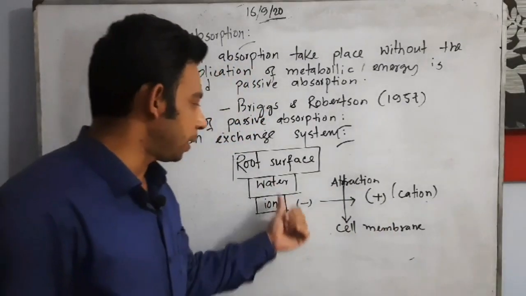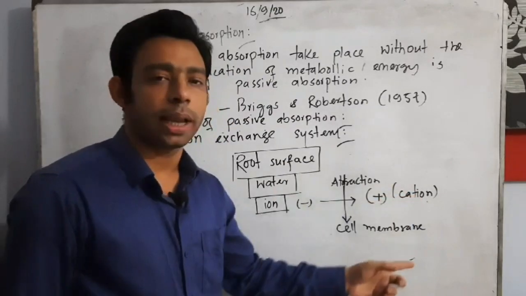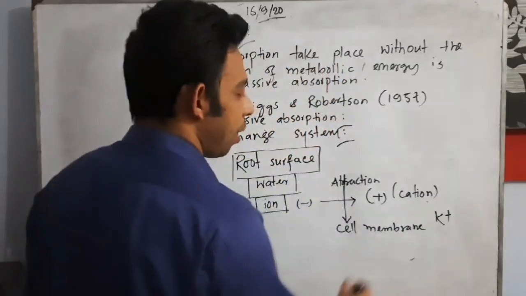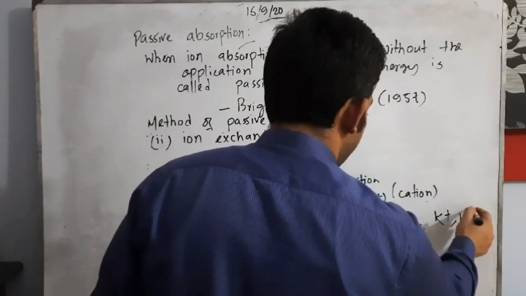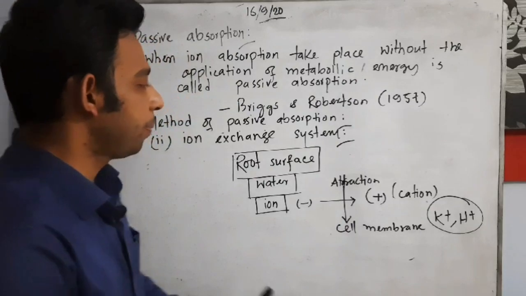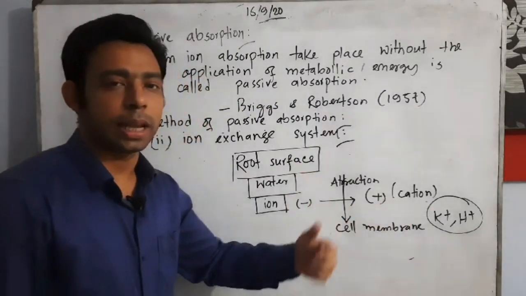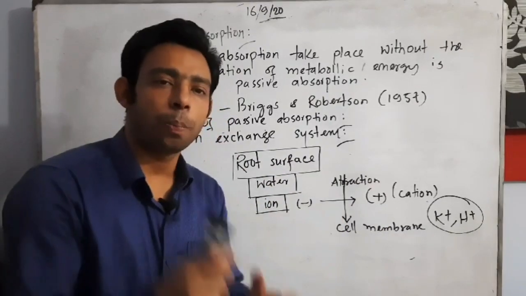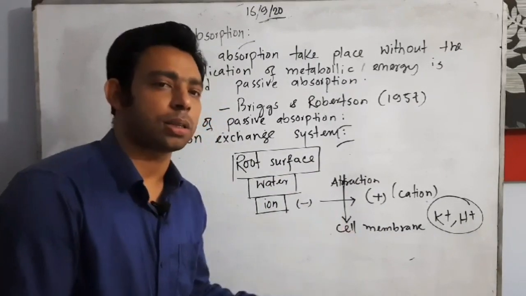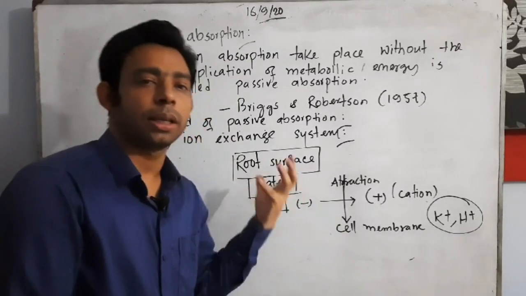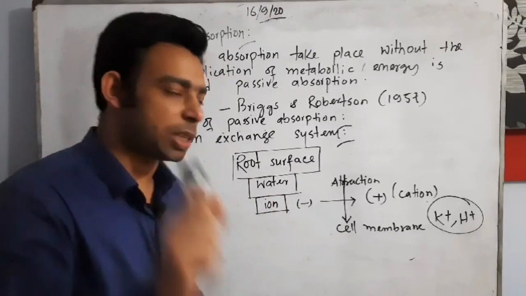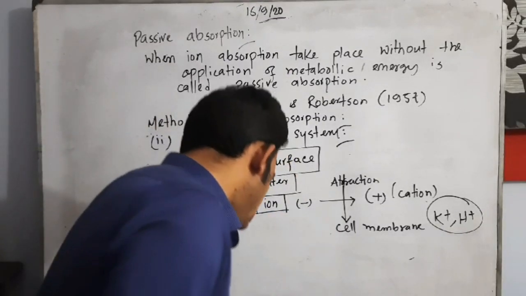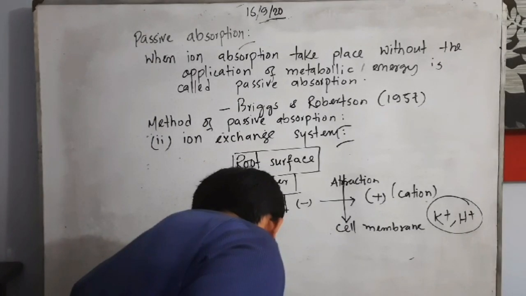The root surface's cell membrane can attract the cation. Positively charged potassium and hydrogen ions can also be absorbed. They can exchange with the root surface, and in that way, by exchanging ions, they can absorb the optimum level of minerals or mineral ions. Absorption is done in specific cases. So the ion exchange system is also included in this way.